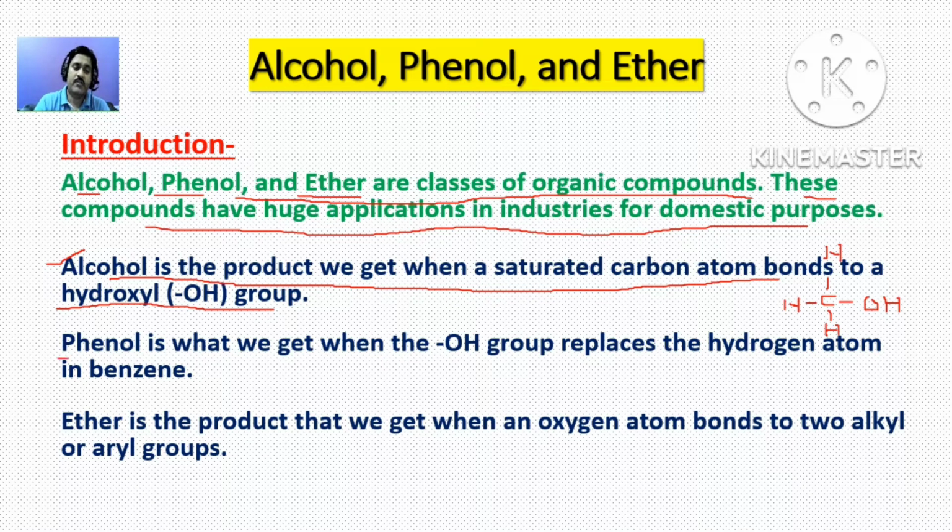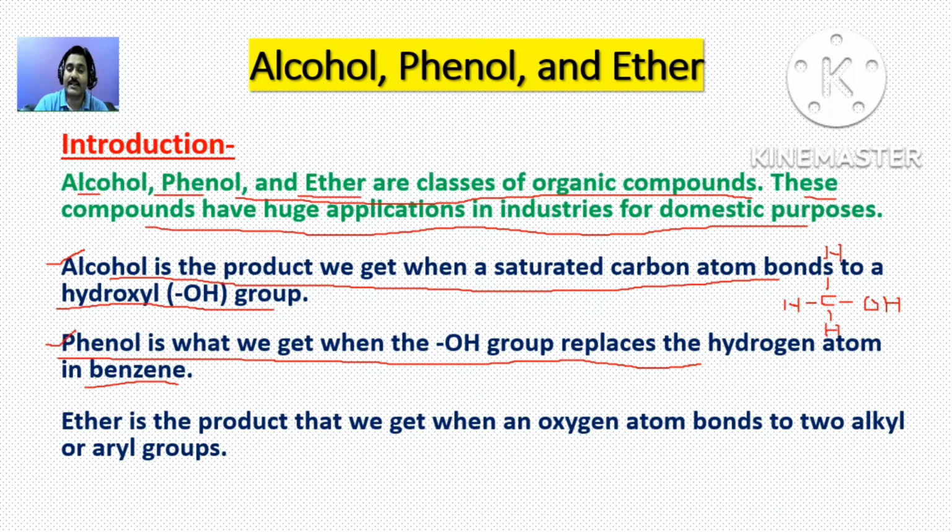Similarly, what are phenols? What we get when the OH group replaces a hydrogen atom from the benzene ring. When a hydrogen atom is replaced from the benzene ring and OH is added to it, that is called phenol.